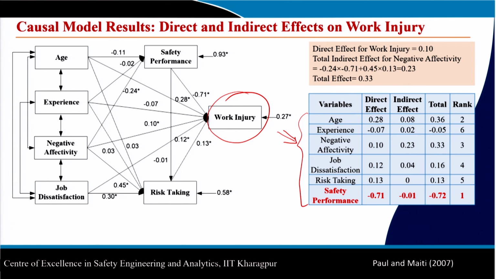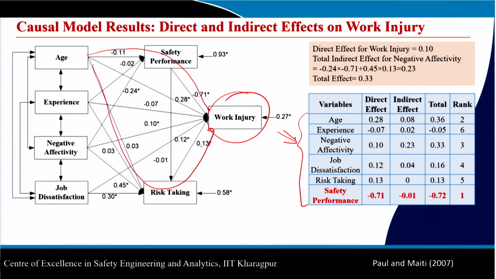But with reference to work injury, you see for each of the cases what the direct effect is, that means directly one to one, that one directional arrowhead, what is the coefficient value, plus indirect, meaning how many indirect paths there are. So for work injury vis-a-vis age, this is one indirect path, this will be another indirect path.